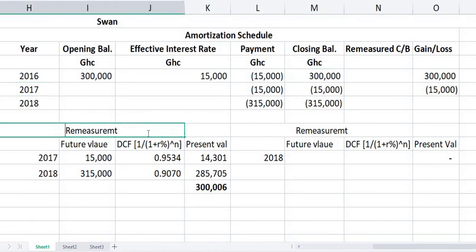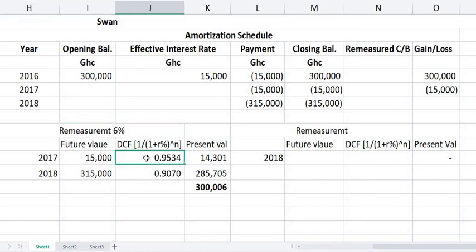Instead of 5%, we will be using the changed interest rate, 6%, so our discounting factors are going to change. The discounting factor for 2017 is 0.9434, and for 2018 it is 0.89, to 4 decimal places.